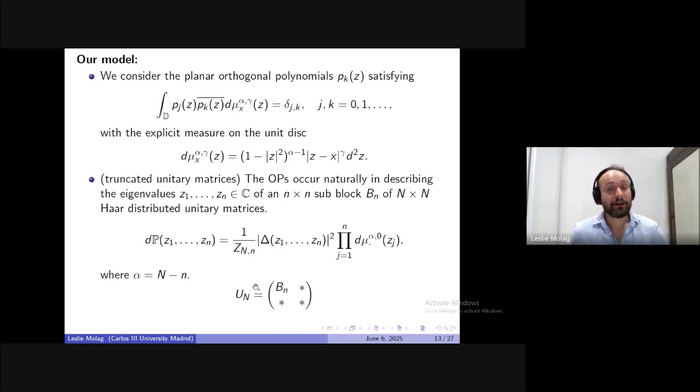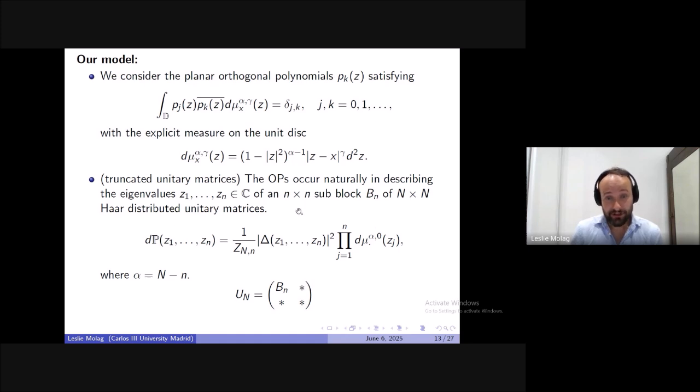But if you start taking a subblock of such a matrix, where U_N here stands for the Haar distributed unitary matrix, which is a capital N times capital N matrix, and we consider some upper left subblock P_n, where n is some number smaller than capital N, and we call B_n a truncated unitary matrix, then in the case of B_n the eigenvalues do not live on the unit circle, but they live on the unit disk.